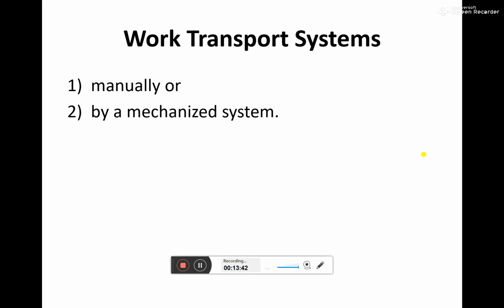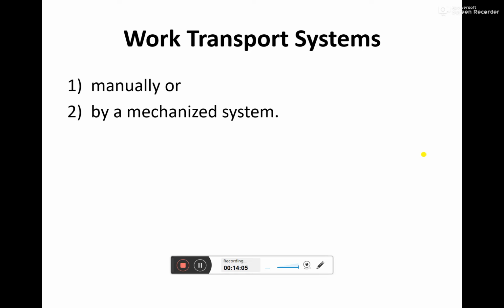As already mentioned, work transport is one of the important parts of an automated production line. You can transfer the work parts manually, or use mechanized systems. That is related to the work part transport systems.